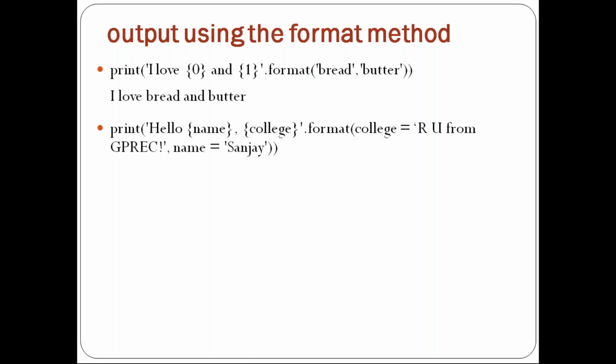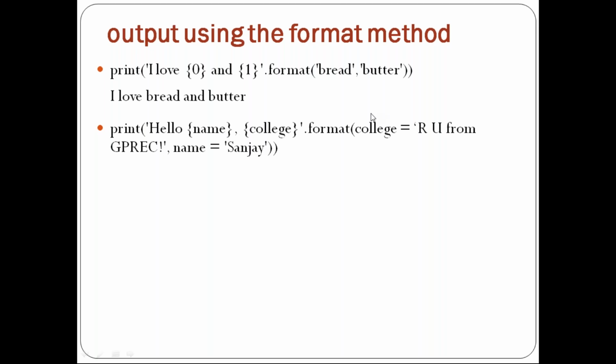Let us say we have a string literal like hello something, format of college equals RU from GPREC, comma name equals Sanjay. Here we are using the keyword argument approach for supplying the arguments for the format method.